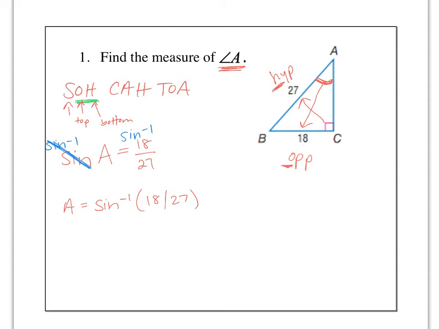Now grab your calculators. Your calculator has to be in degree mode, which it should be if you used it yesterday on 6.4. So now what you're going to do is see above the sine key, it's going to say inverse sine. It's going to have a little sine to the negative 1.